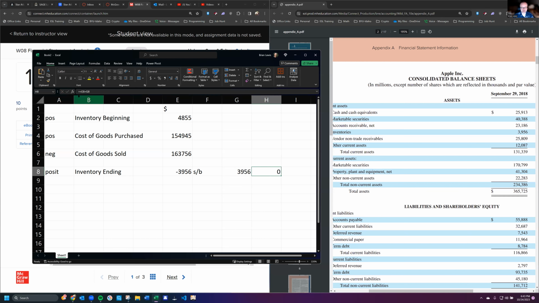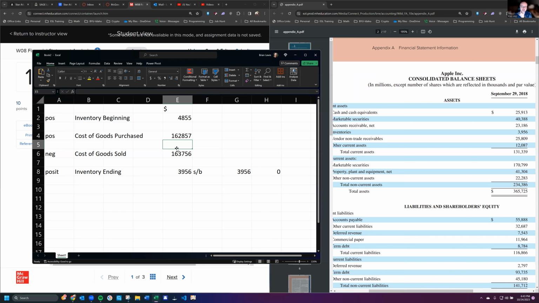My formula is a little wrong. Let's just do this minus. So now let's take this out and put in the other number. It should be 162,857. And voila, we got our "should be" to our actual.